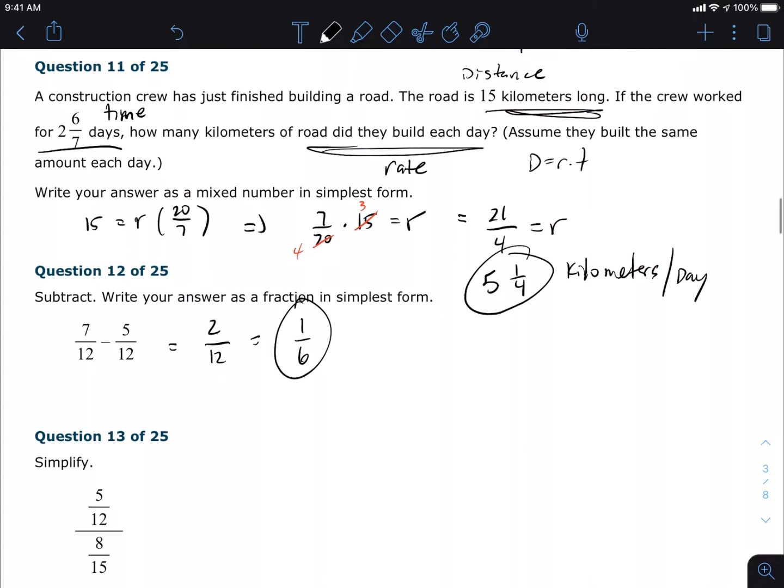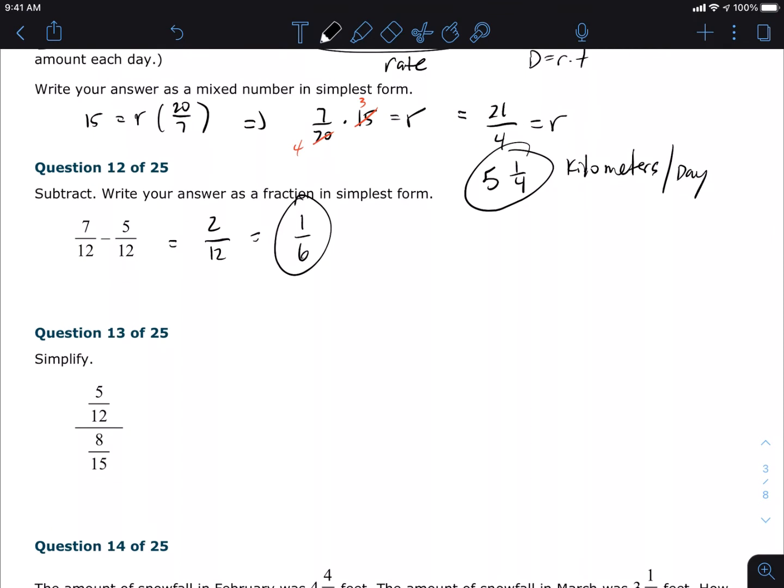All right, next. Now we have a fraction divided by a fraction. So when we divide by a fraction, we need to multiply by the reciprocal. Correct? I believe that's 75 over 96.